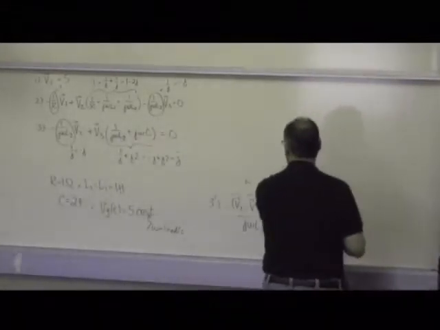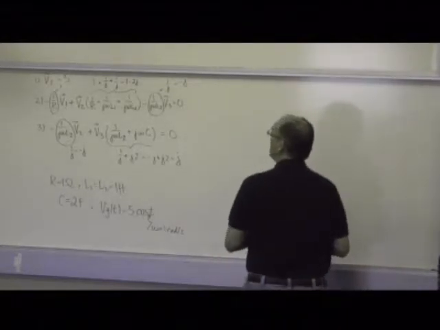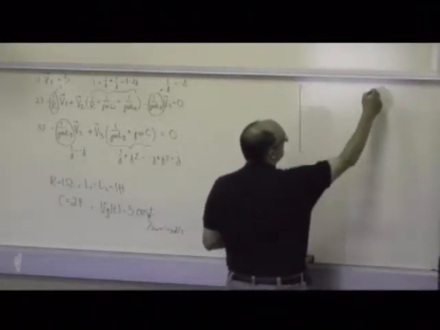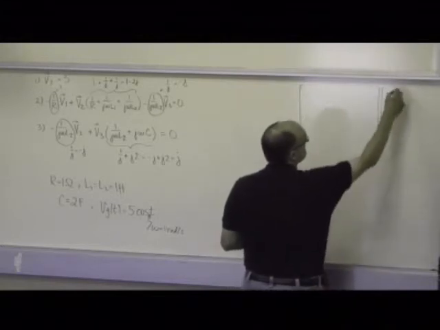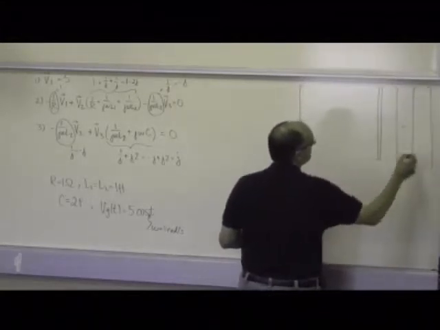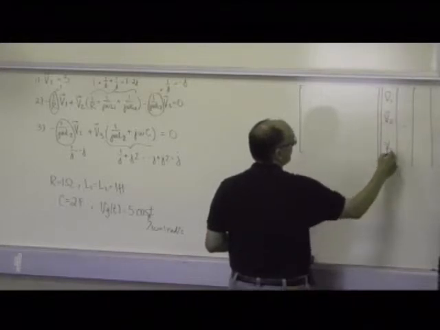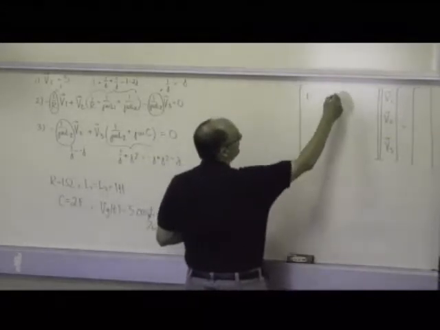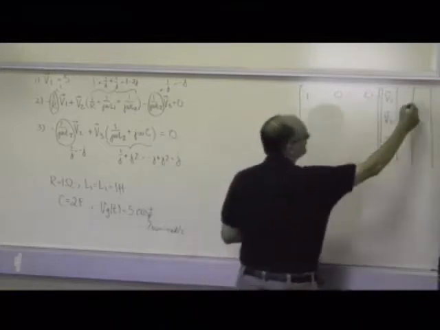So we can now put this in matrix form. First equation. The first one has 1 times V1, nothing times V2, nothing times V3, and the 5 on the right hand side.